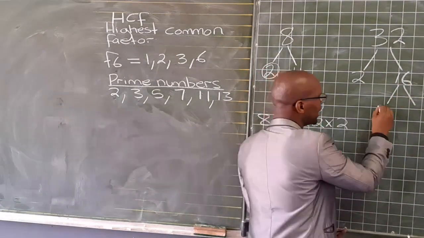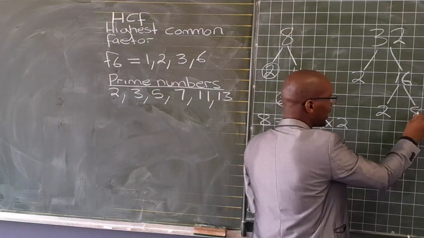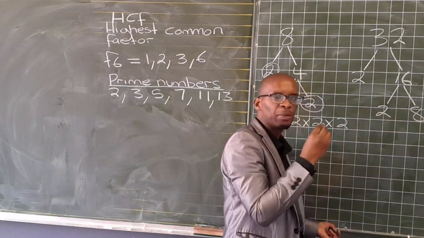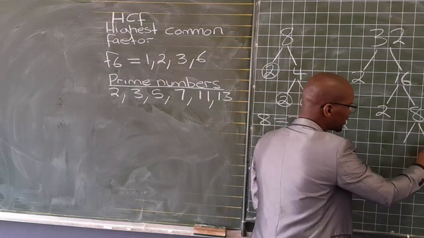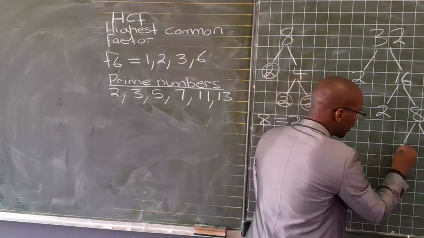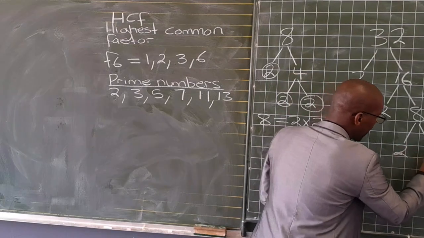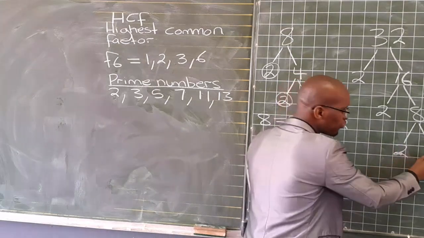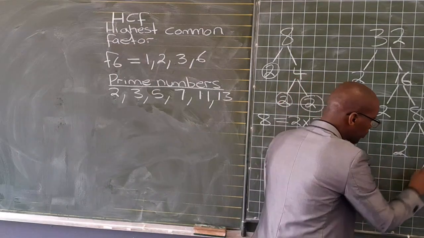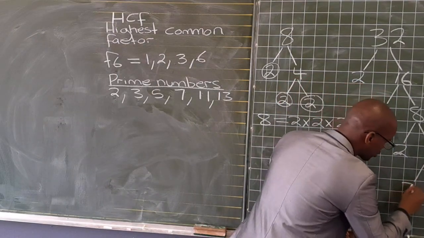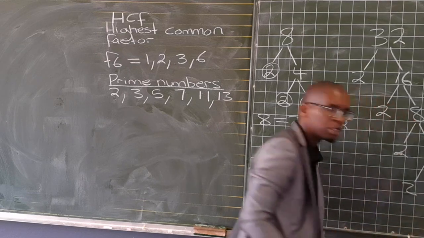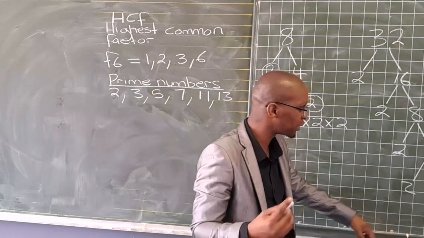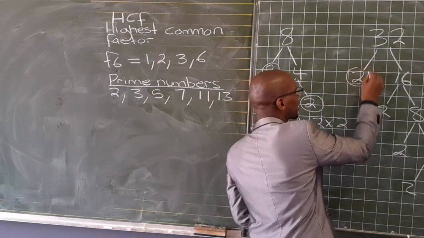Here I can see that 2 multiplied by 8 is equal to 16. 2 is a prime number, so I need to break up the number 8 because 8 is not a prime number. Now here we have 2 multiplied by 4, which is equal to 8. 2 is a prime number, 4 is not, so I need to break up the number 4, and here I'm going to have 2 multiplied by 2. Since the last two numbers are both prime numbers, this tells me that I am done, and you can circle your prime numbers.